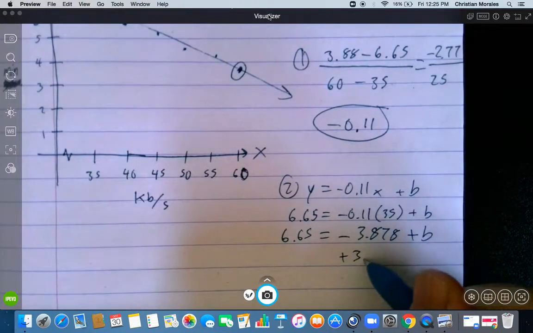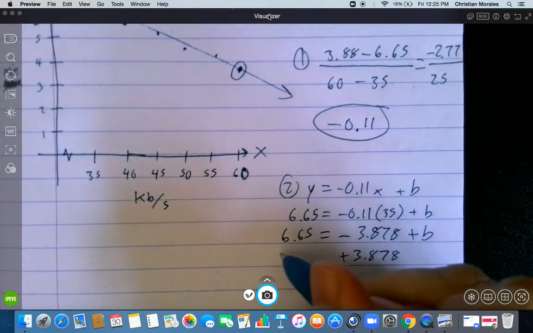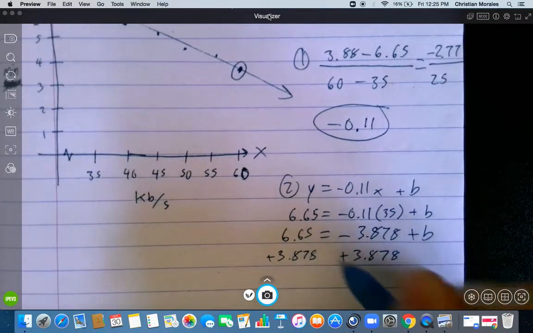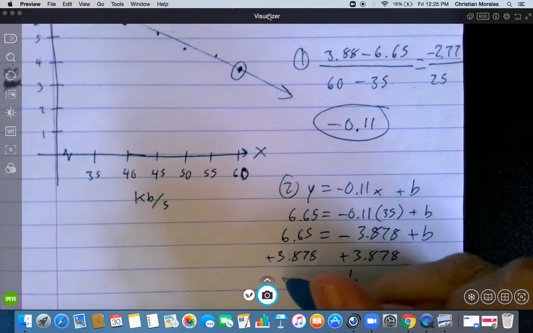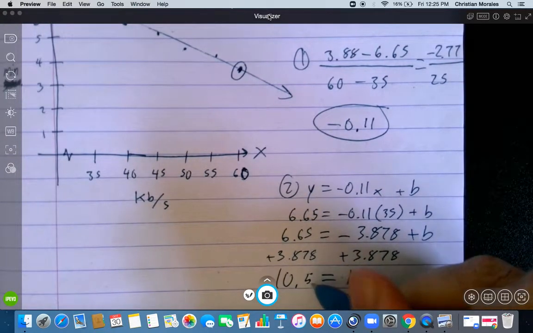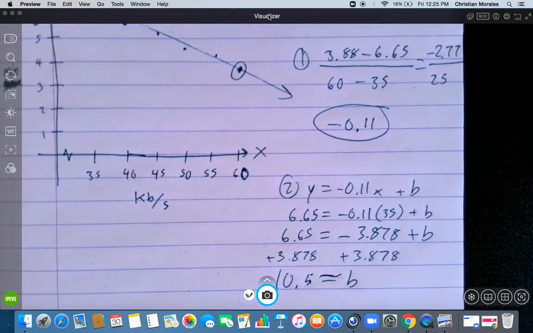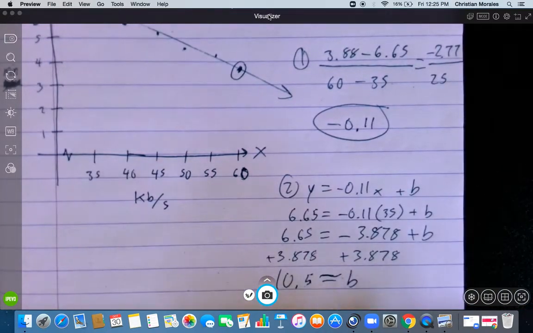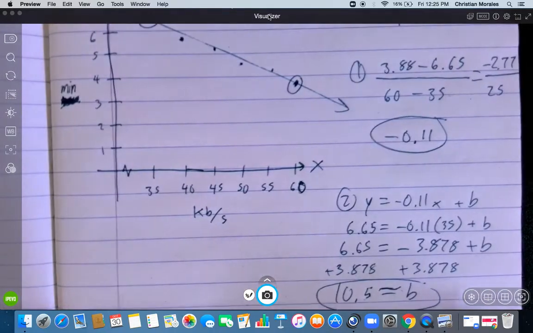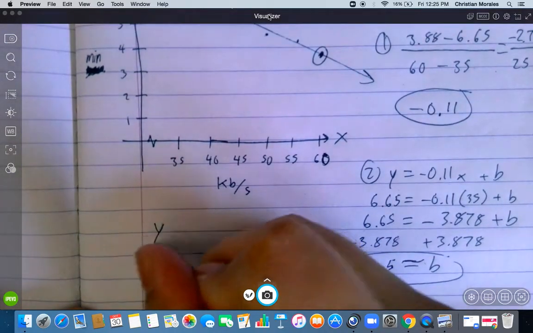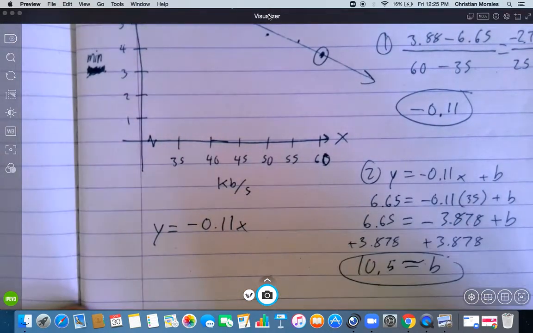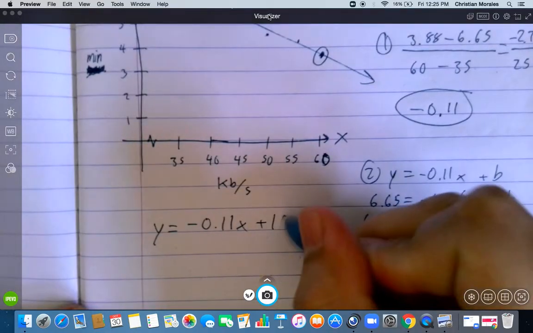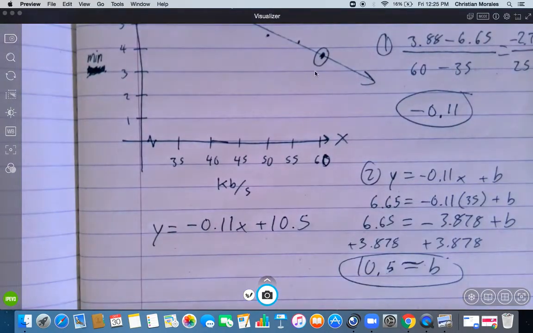So I'm going to add this number to both sides. And I get, I'm going to round this answer, 10.5. All right, so this is my b. So my trend line here would be y equals negative 0.11x plus 10.5. That would be what I have.